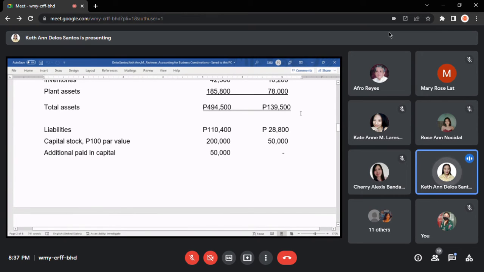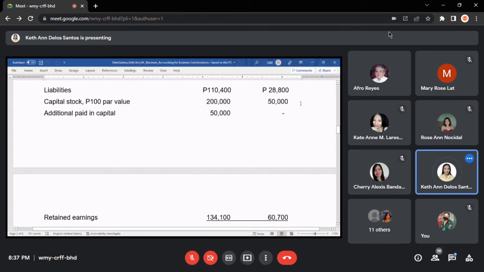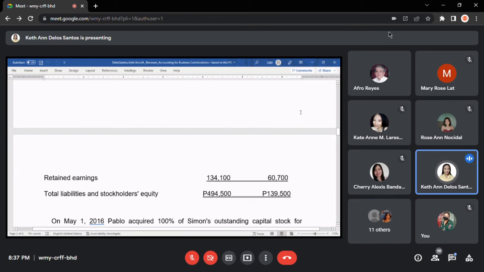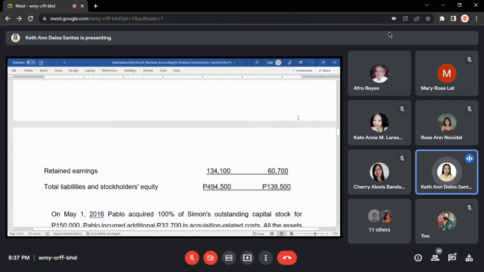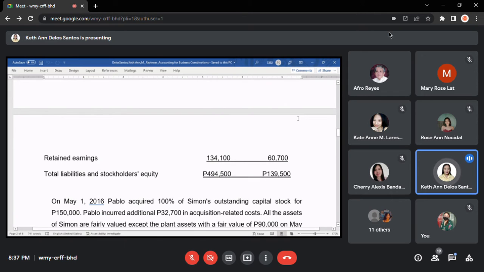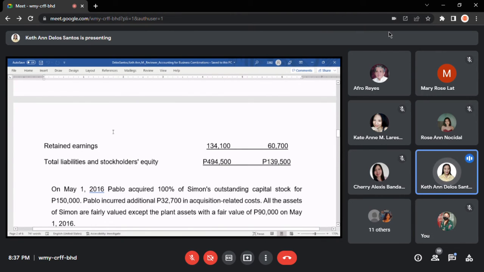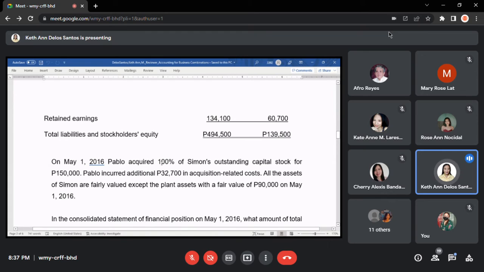Liabilities of Simon 28,800, capital stock with a par value of 100 pesos, 50,000 pesos. Retained earnings of 60,700 with a total liabilities and shareholders' equity of Simon of 139,500. On May 1, 2016, Pablo acquires 100% of Simon's outstanding capital stock for 150,000 pesos.